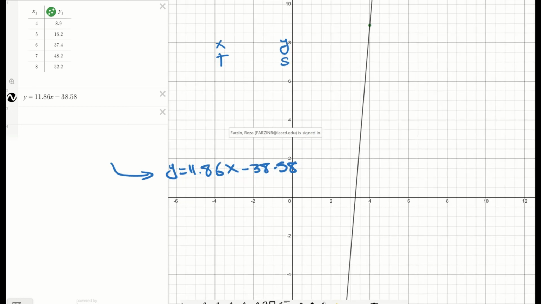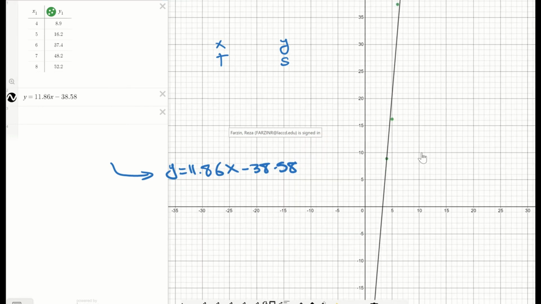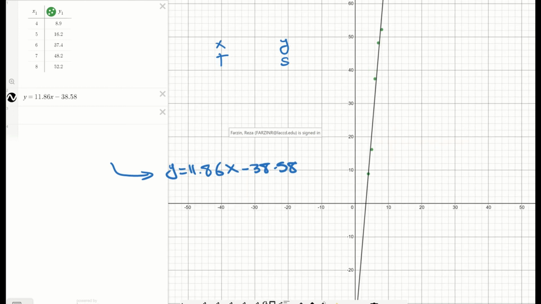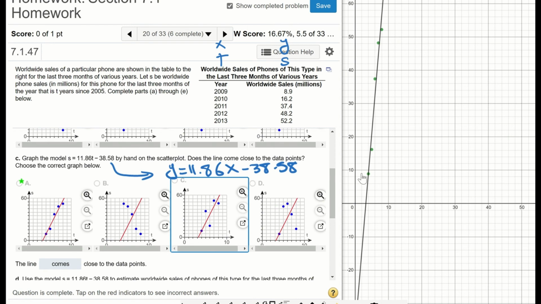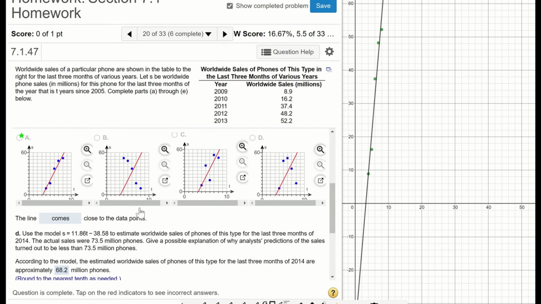All right, now we can see the scatter plot and the line together, okay? All right. Now, and you can see clearly it's going to be the one that's chosen there.